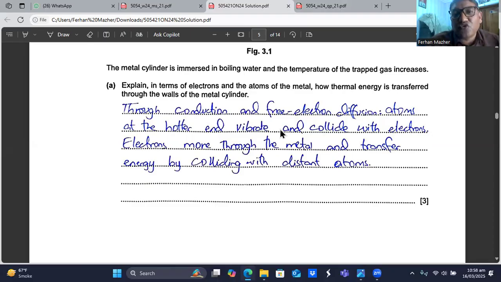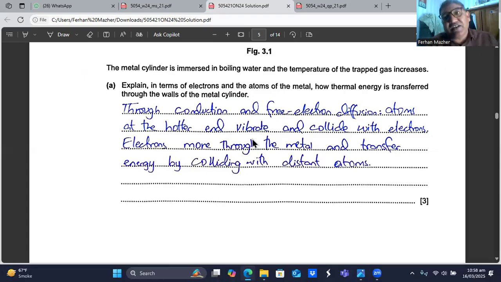So you should write that the atoms vibrate and the amplitude of their vibration increases, and they transfer the energy through their vibration to their neighboring molecules and make them vibrate vigorously, and their amplitude of vibration increases. This way, by the vibration of the atoms, energy is transferred. The other way of transfer of energy is free electrons.